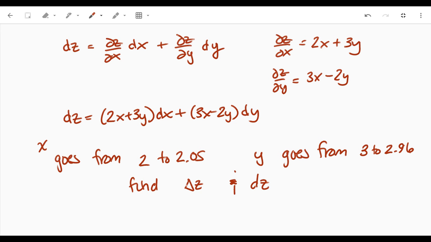Okay, so now remember, delta z is the difference between the two values. And then dz would be the difference if we use the linear approximation. All right, so dz, we're going to do that first, would be 2 times x, because this is where we start, so 2 times 2 plus 3 times 3. And then our change in x, our dx, is 0.05.